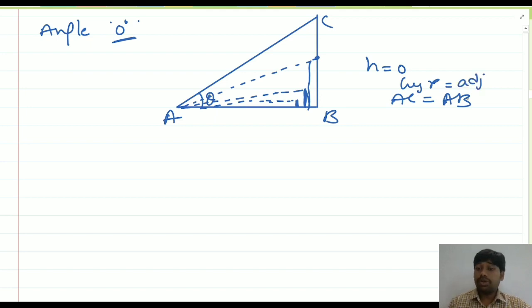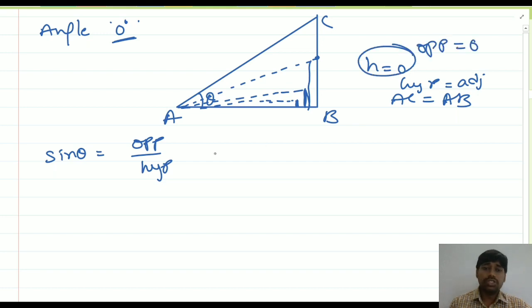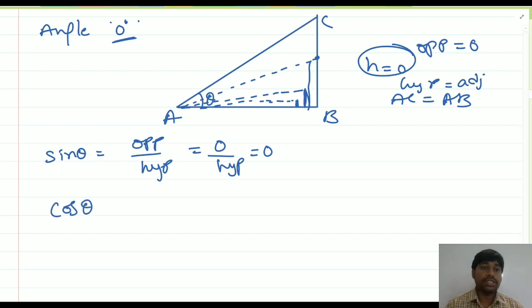So if hypotenuse and adjacent are the same, then sin theta can be written as opposite by hypotenuse. But what about the height? Height is opposite. Opposite how much? 0. 0 by anything, that is hypotenuse, becomes 0. Next, cos theta, where theta is 0 degrees we are taking, right?